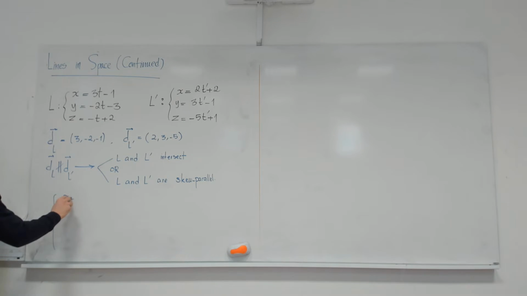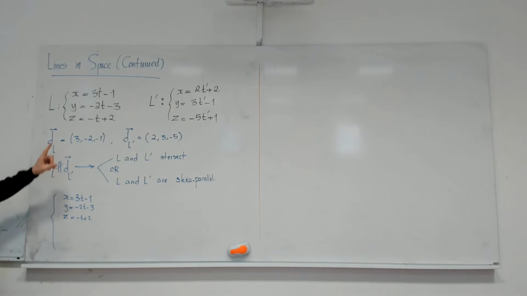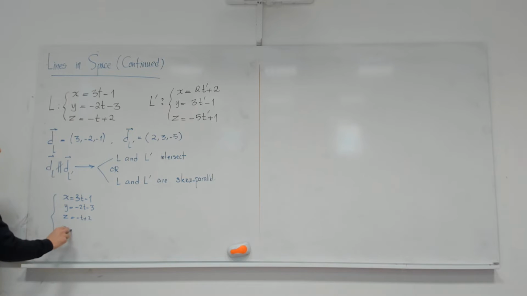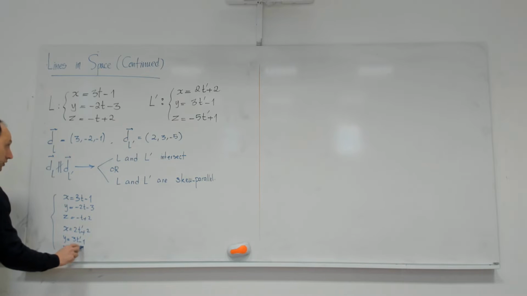So you write x is equal to 3t minus 1, and so on. This interpretation is important. And these are the equations of the first line, and x equals 2t prime plus 2, y is 3t prime minus 1, and z is minus 5t prime plus 1.